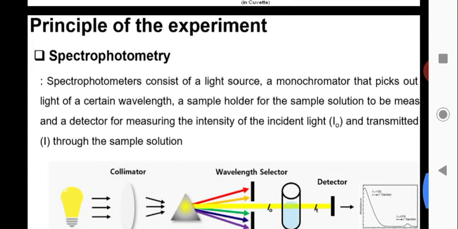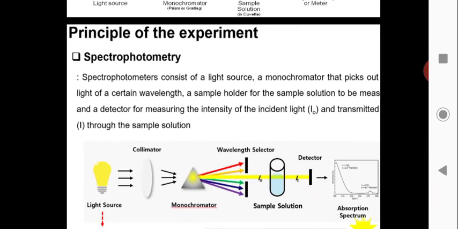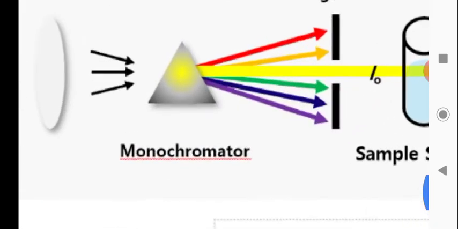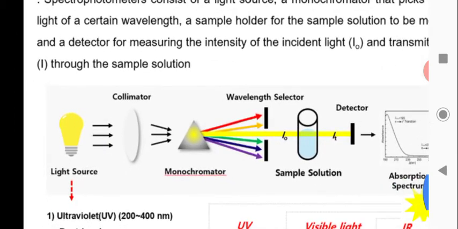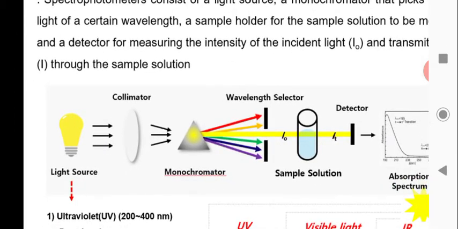So we can see in detail the principle of the experiment. A spectrometer consists of a light source and a monochromator that picks out a particular light. This prism is called the monochromator. Monochromator means it will select only one particular wavelength, one particular light.